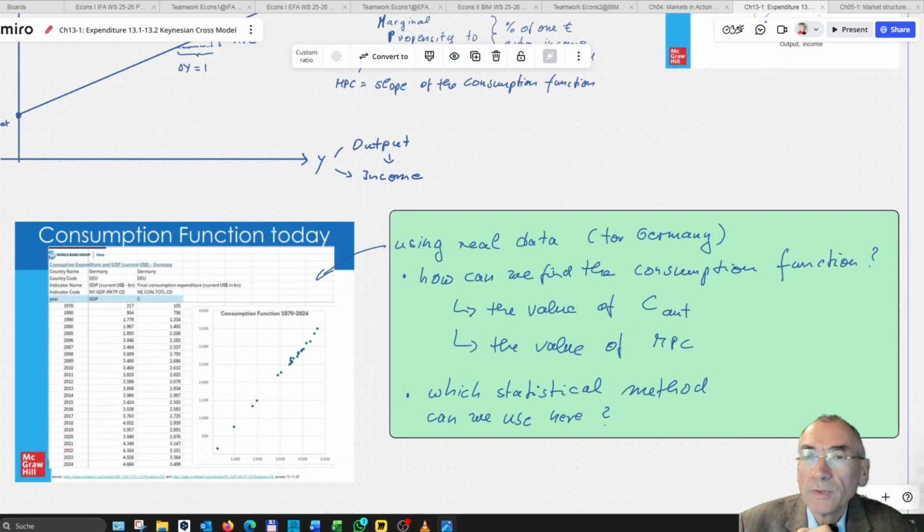Before we move on to the next element of planned expenditure, which will be investment, let's stay for a moment at this consumption decision. So when I have a specific income, an income of 1,000, and I decide to spend 800 from this, that means that the other 200 I don't spend.